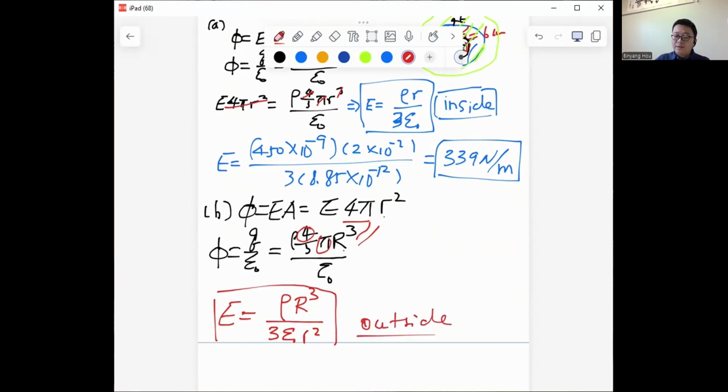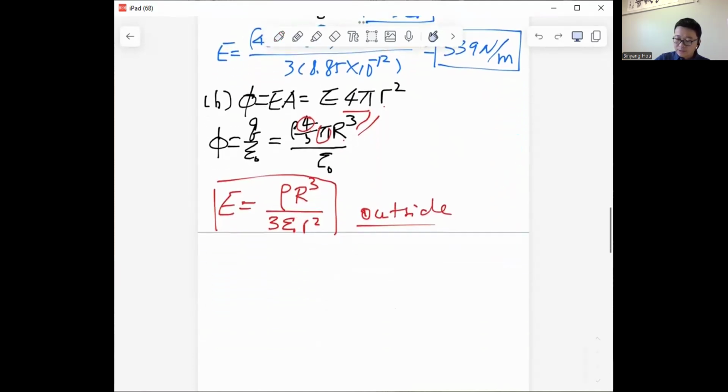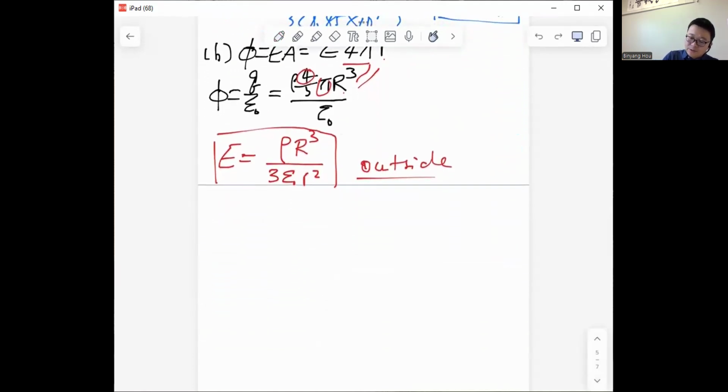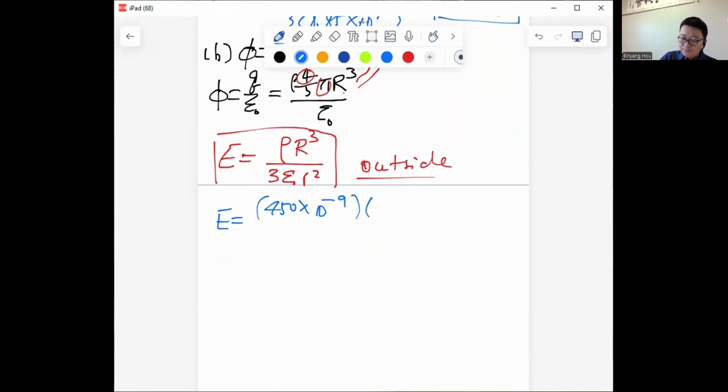And then we can plug in our numbers now for the electric field here. E field equals 450 times 10 to the minus 9. Again, make sure you have everything in SI units.